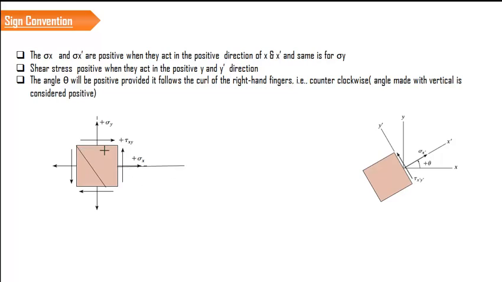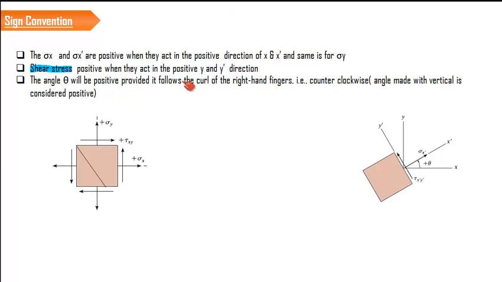If you have a stress in the positive y direction, that is considered positive, sigma y. And in the case of shear stress, the sign convention is very important. The shear stresses are positive when they act in the positive x dash or y dash direction.